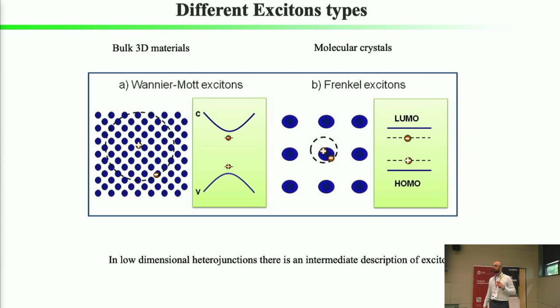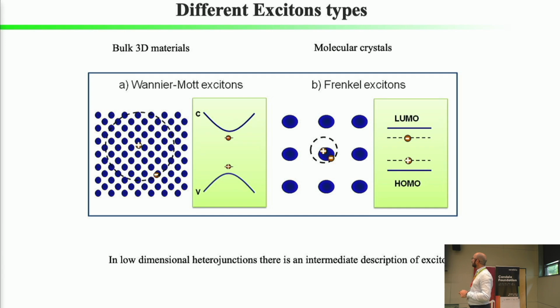However, from a computational point of view, this is tricky. If you consider a 3D bulk system and focus on the optical properties, for an exciton you have a Wannier exciton, which is very broad and weakly bound. On the other end of the scale, if you consider organic crystals, you have Frenkel excitons, where your exciton is localized on one molecule and the binding energy is very high.